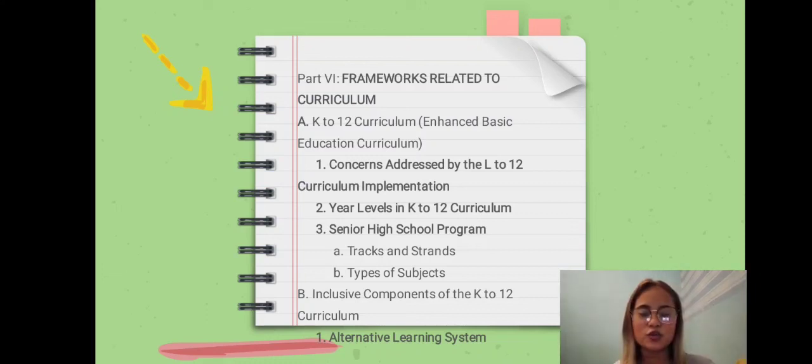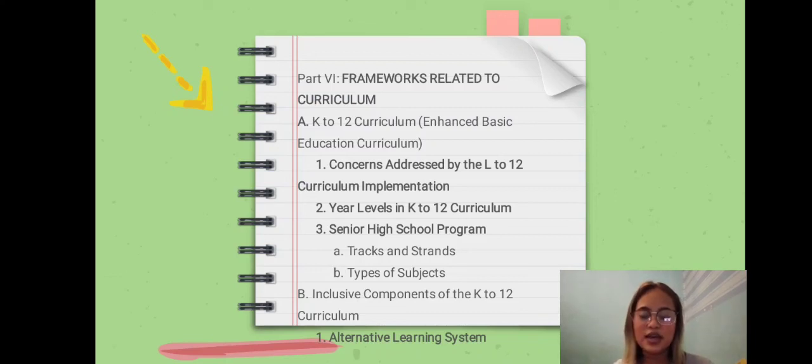For senior high school programs, for tracks and standards and types of subject, for tracks and standards, we have here the academic level: general academic, STEM, ABM or HUMSS. For technical vocational livelihood, we have here home economics, agri-fishery, industrial arts, and ICT. For sports and art design. For the types of subject: core subjects, contextualized applied subject, and contextualized specialized subject.